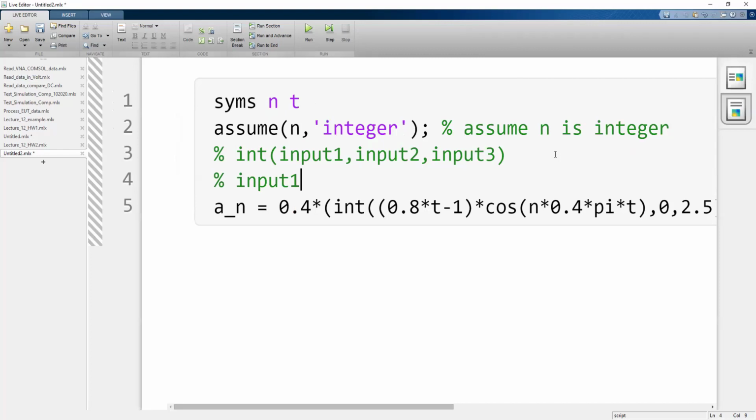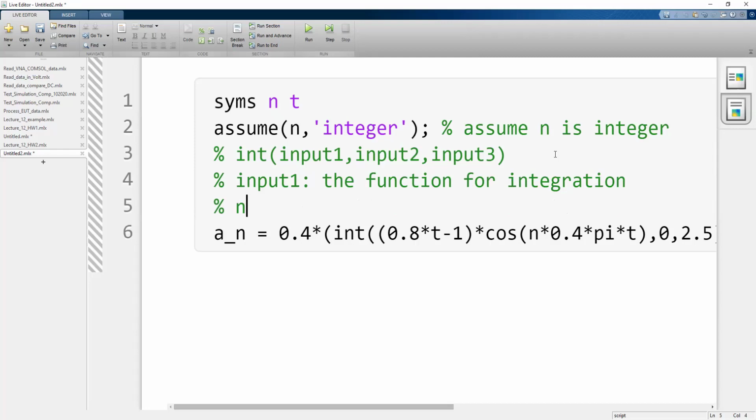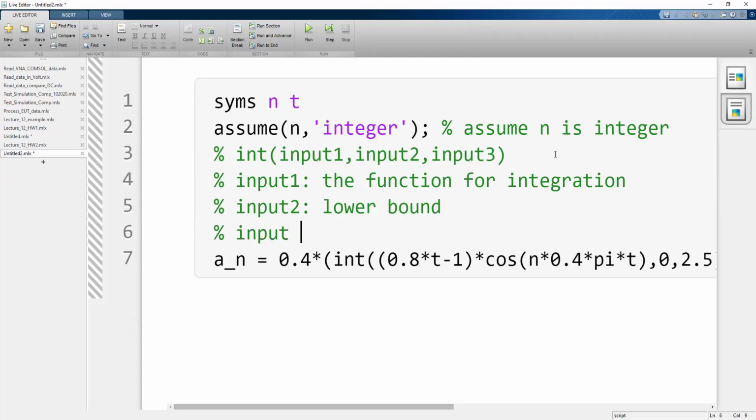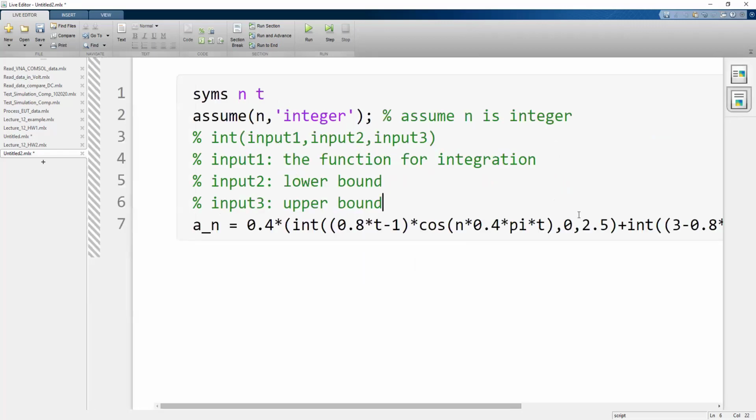Your input 1 is the function to be integrated. Your input 2 is the lower bound, and your input 3 is the upper bound. Very, very natural, right?